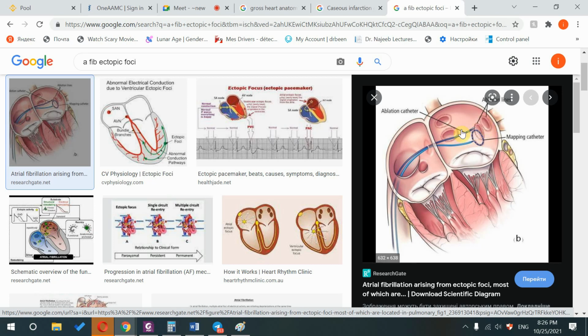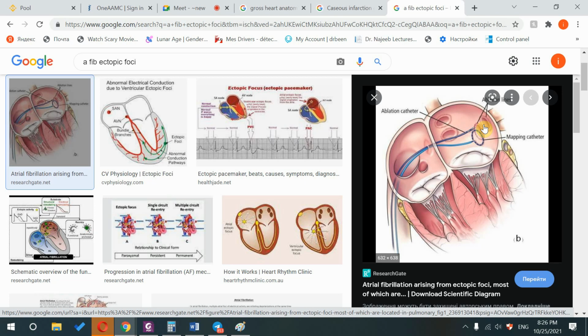So they will tell you about atrial fibrillation. They will show you an ECG of it, absence of the P wave, and they will tell you they inserted something through the veins, like a catheterization. Which structure should be penetrated in order to reach the ectopic foci? To answer this question, you need to know perfect anatomy, and you also need to know the physiology.